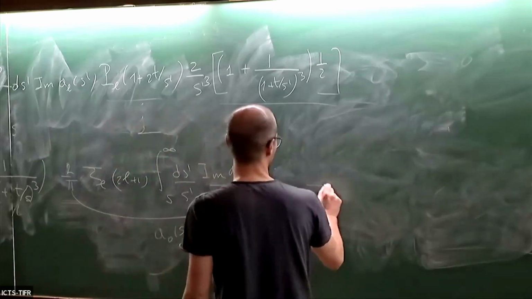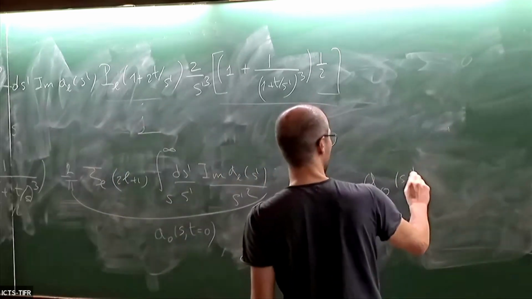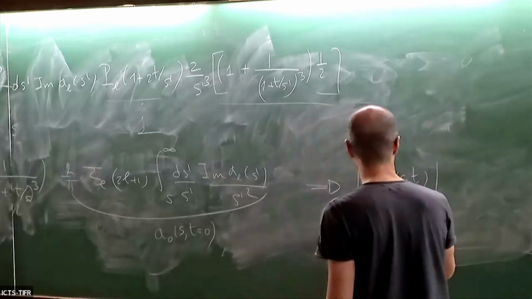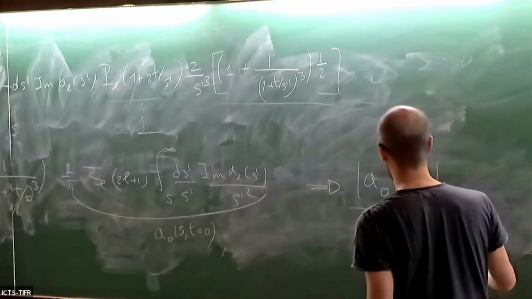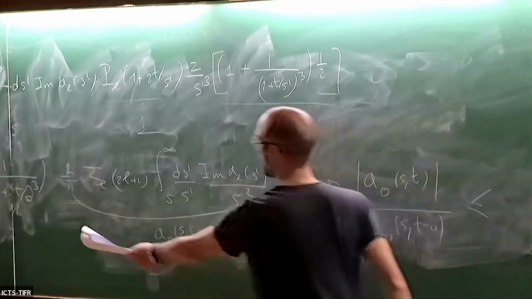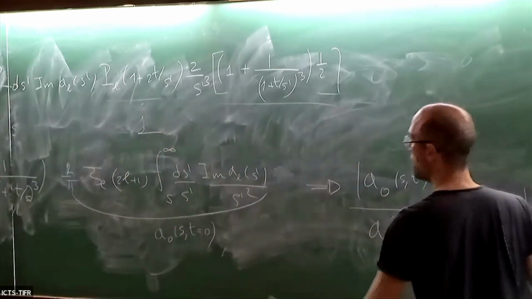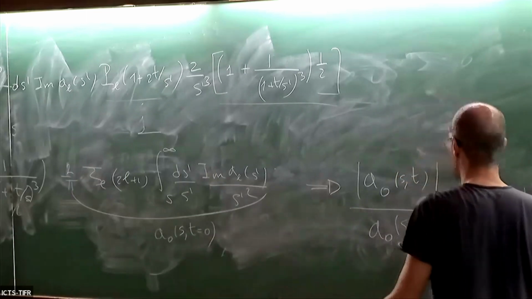So arc 0 S t is bounded. Arc at t equals 0 can be negative, but not too negative. It's bounded by a known function. This function here, which for t equals 0 is 1, for t small, it's going to be close to 1.